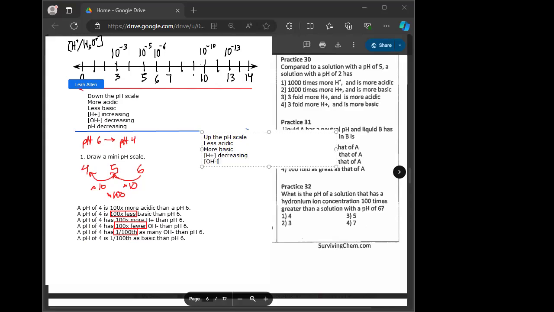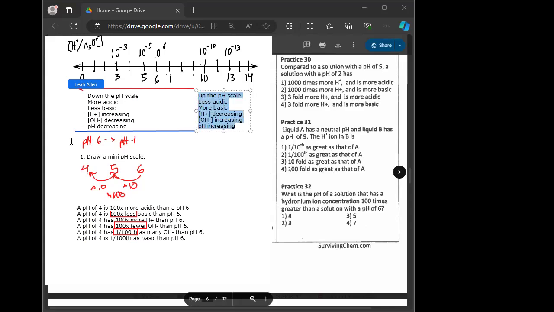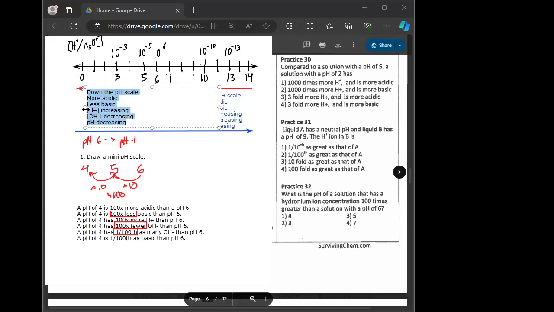The OH ion concentration should be increasing, and the pH is also increasing. Maybe put it in blue so you know it goes with that one. Actually, I might put this one in red so you know that goes with that one.